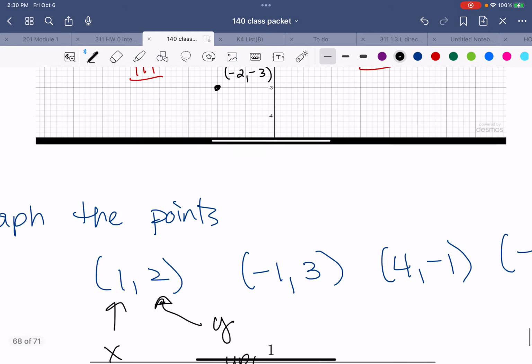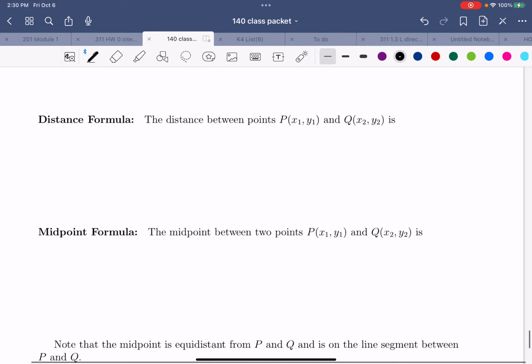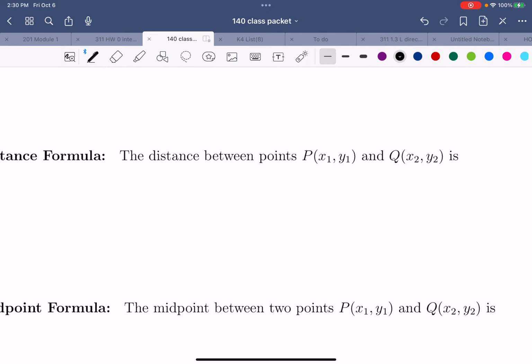Here are the two formulas that we need. The distance formula finds the distance between 2 points P and Q. Notice that P has x sub 1 and y sub 1, and Q has x sub 2, y sub 2. That just tells me the differences in the x's and y's.